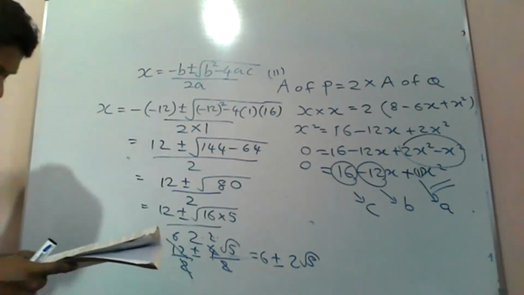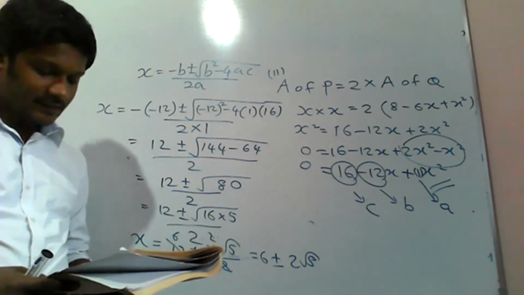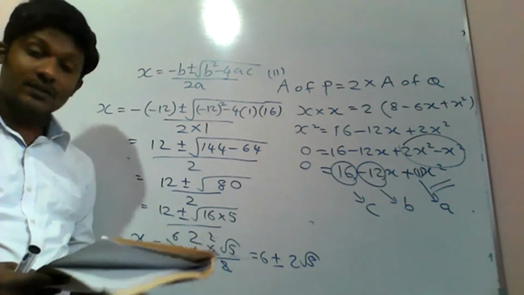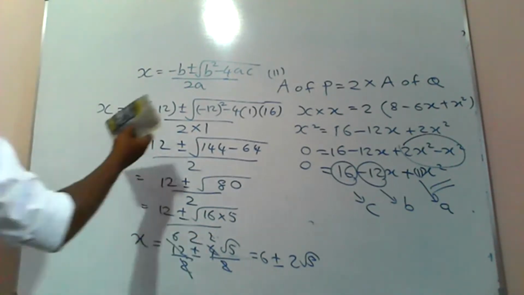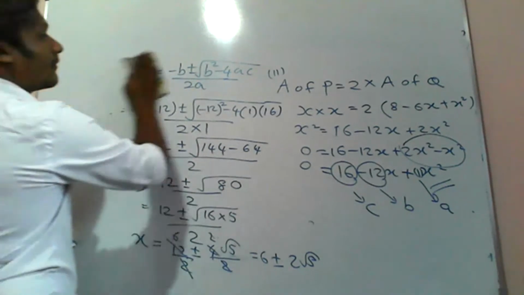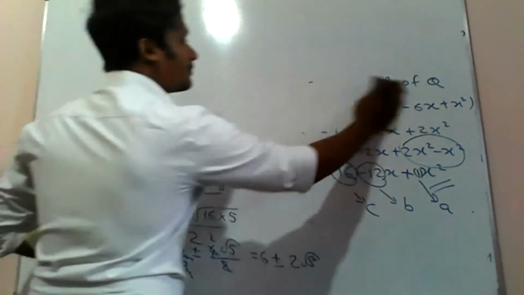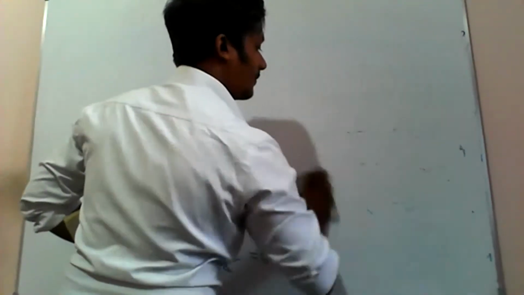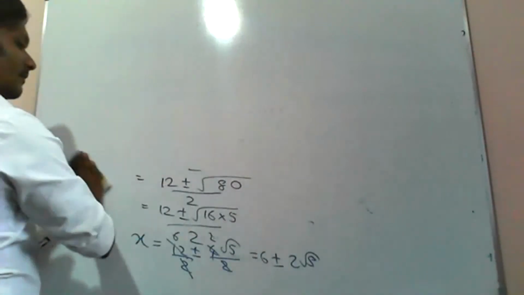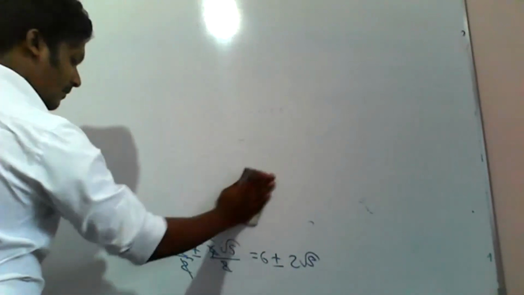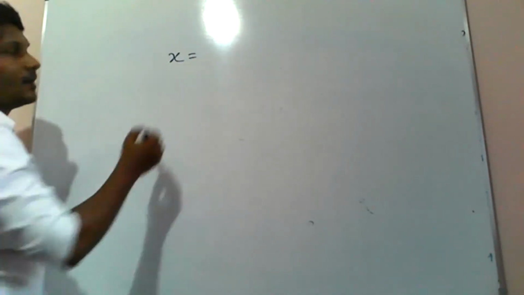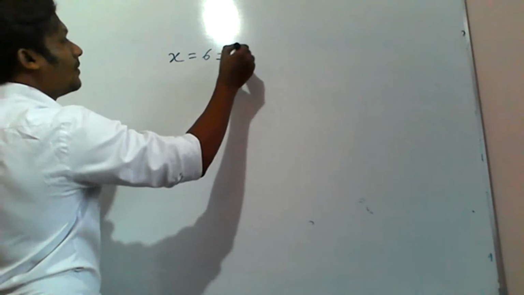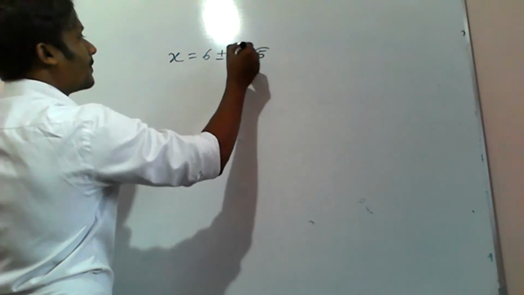Next question. Show that the value of 6 plus 2 root 5 is not suitable for x. Right, now you know the solutions are x equals 6 plus or minus 2 root 5.